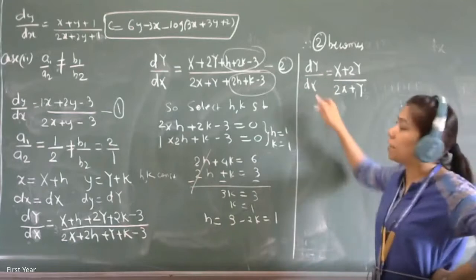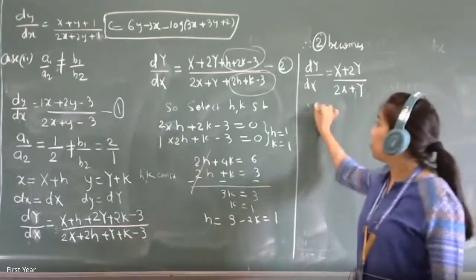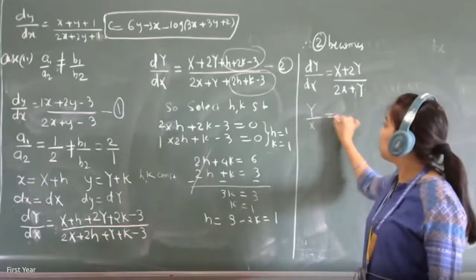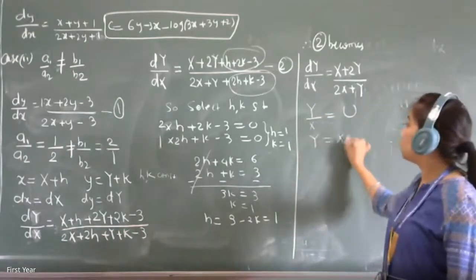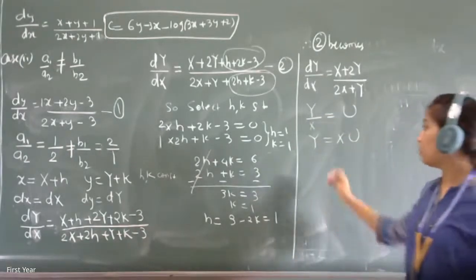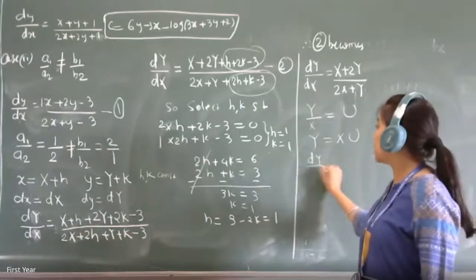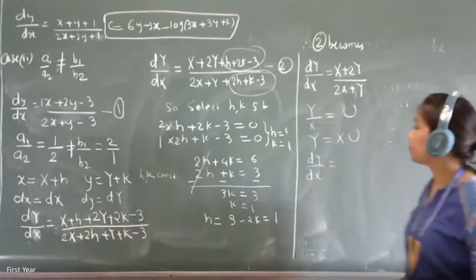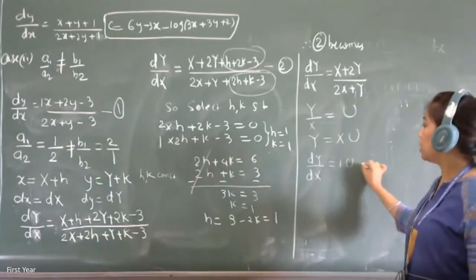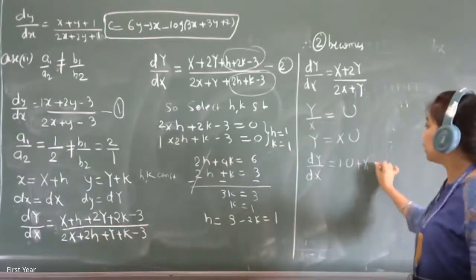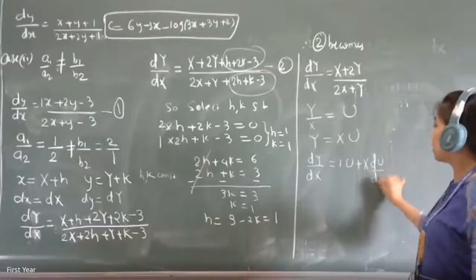You have to put y by x equal to a new variable u, or y is equal to x into the new variable u. And therefore, what is dy by dx? The derivative of x is 1, u as it is, plus x as it is, du by dx.